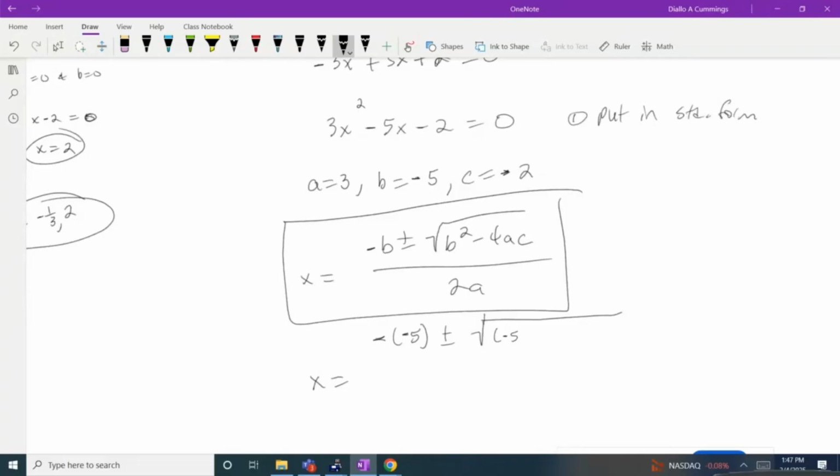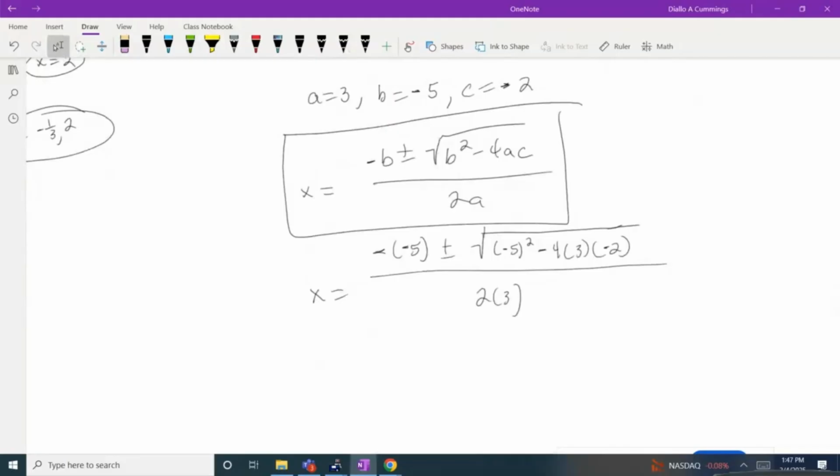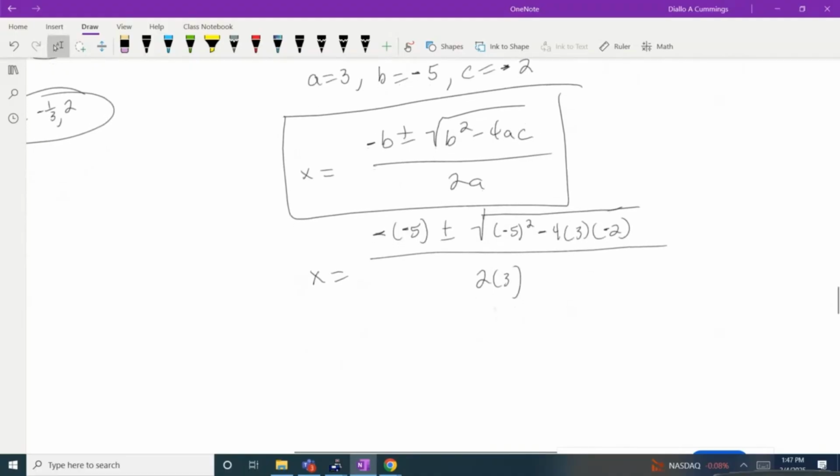So b is negative 5 squared minus 4 times a times c, right? Because negative 4 is a part of our formula. A is positive 3. C is negative 2. All over 2 times A. So I just substituted A, B, and C into the formula. And now we're going to simplify.